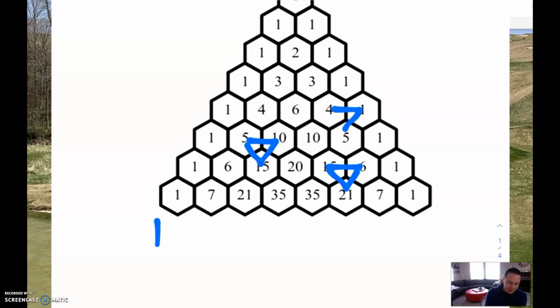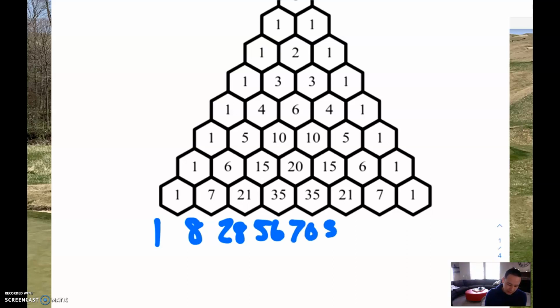So that's how you fill the next row, you just take the two above it. So 1 plus 7 makes an 8. And 7 plus 21 makes 28. 21 and 35 is a 56. We get 70, 56, 28, 8, and 1.